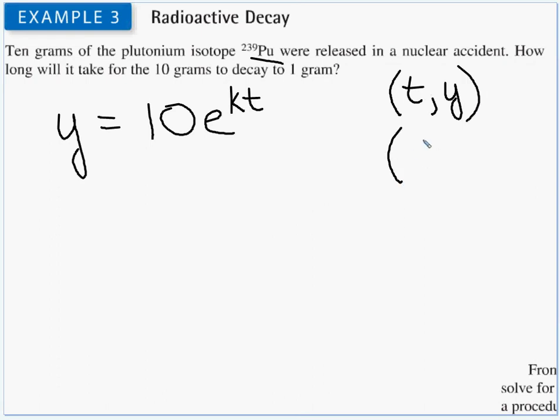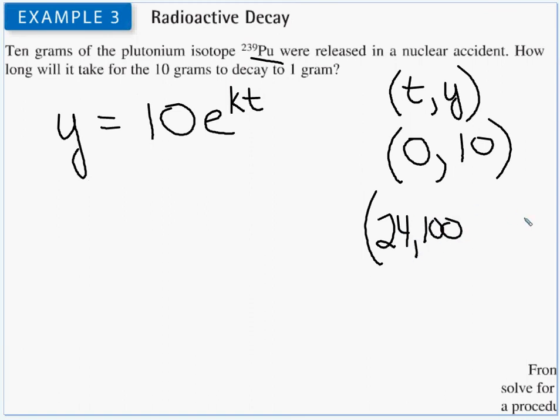We had at time 0, 10 grams. So if we let 24,100 years pass, we're going to be down to half the amount we had before, from 10 grams to 5 grams. So now we've got our next point to plug in and solve for k.